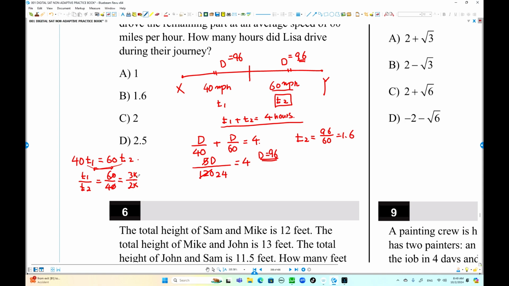The real time in terms of k. Total time is what? 4 hours. 3k plus 2k, 5k equals 4 hours. The value of k is what? 0.8 hours. Okay, so T2 is how much? 2k, right? So 2 times 0.8 equals 1.6 hours. You can solve this way too, okay? Either way is okay. Thank you.